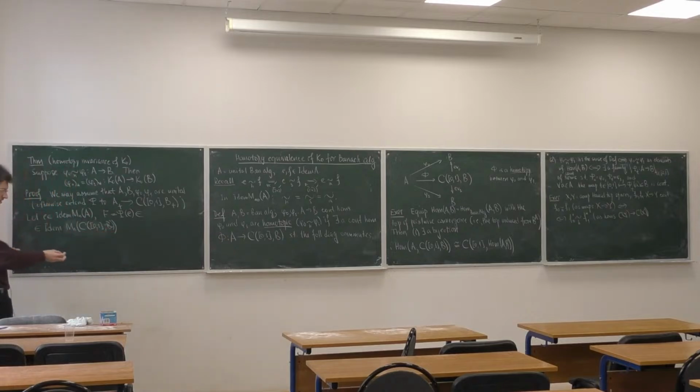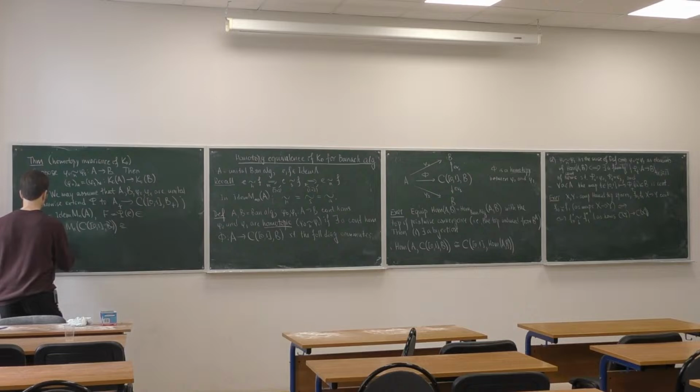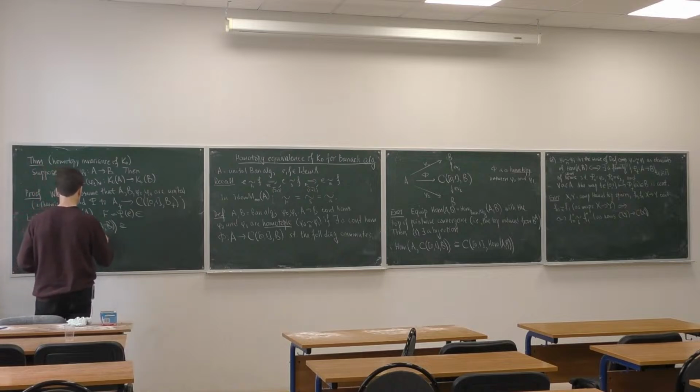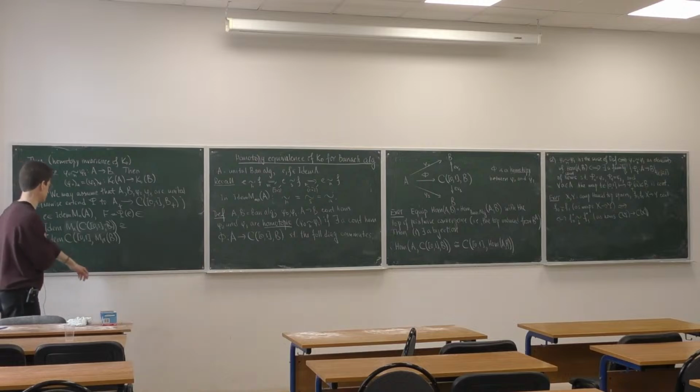So what can I say about this algebra? First of all, let's observe that this algebra can be identified with the algebra of continuous functions on 0, 1 with values in the matrix algebra Mn of B. So a matrix of continuous functions with values in B is the same as a continuous function with values in n by n matrices over B. This is rather obvious.